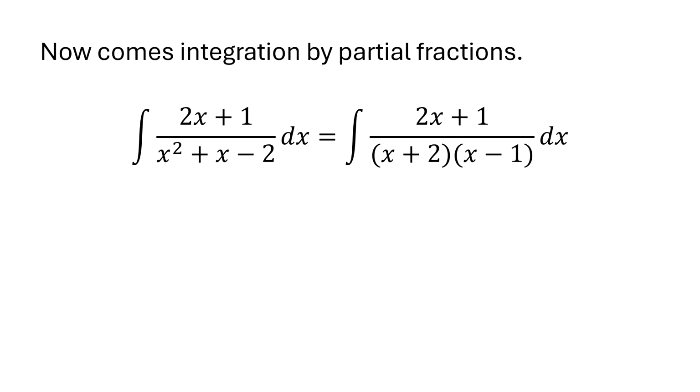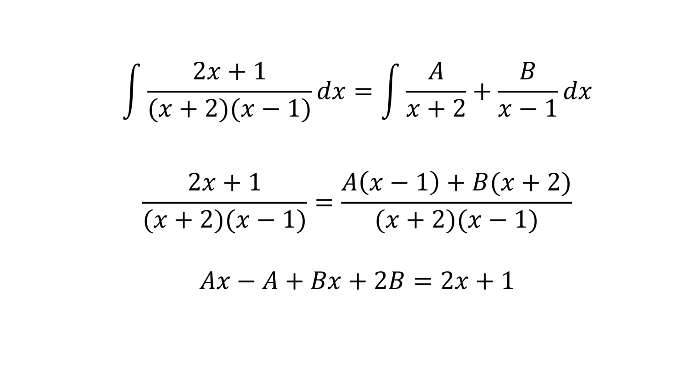So now we're going to take a look at the remainder, 2x plus 1 over x squared plus x minus 2. We are going to factor the denominator in preparation for partial fractions. So we have x plus 2 times x minus 1. So the technique is, I'm going to claim that I can decompose this fraction into two fractions.